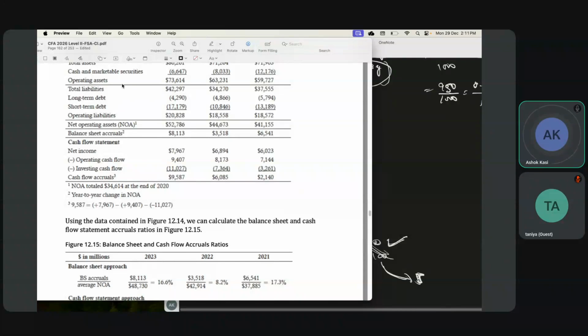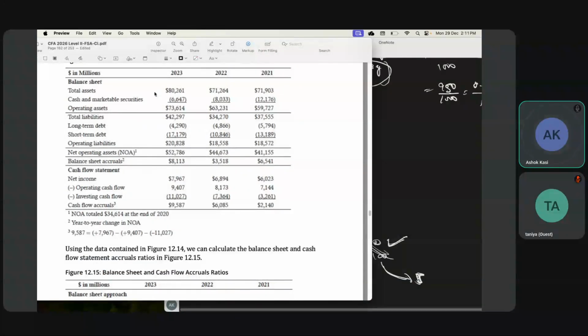net operating assets. This is total assets minus cash, which gives you operating assets. Total liabilities minus short-term and long-term debt gives you operating liabilities. Then net operating assets. Then balance sheet accruals. The balance sheet accrual is the year to year change in net operating assets.